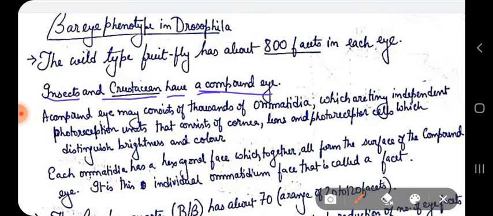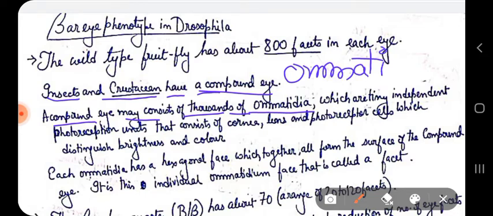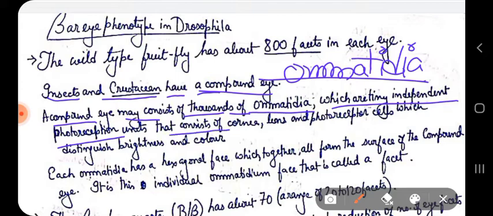A compound eye may contain thousands of ommatidia. Ommatidia are tiny independent photoreception units which consist of cornea, lens, and photoreceptor cells which distinguish the brightness and color.